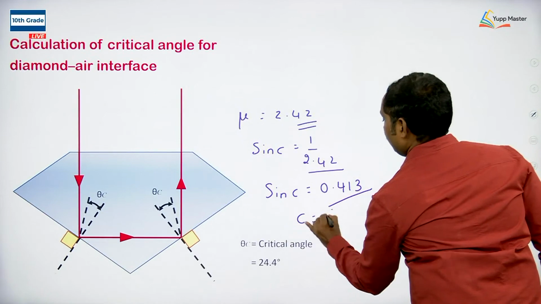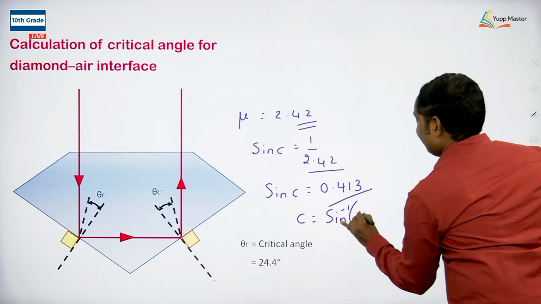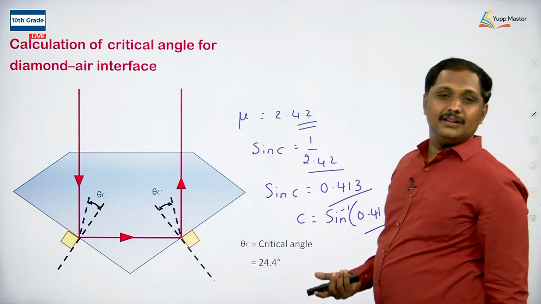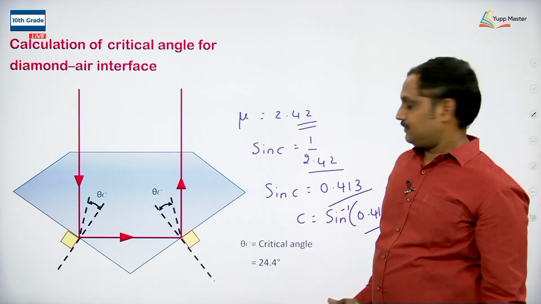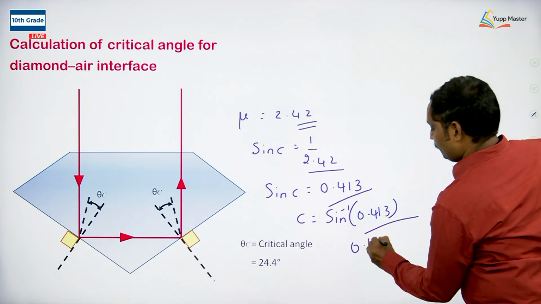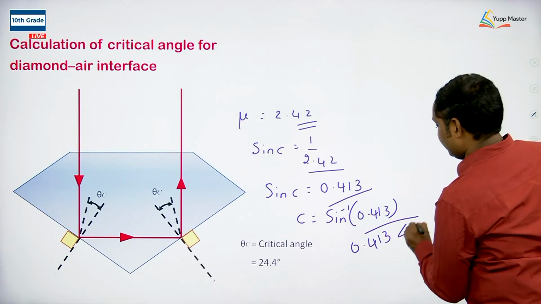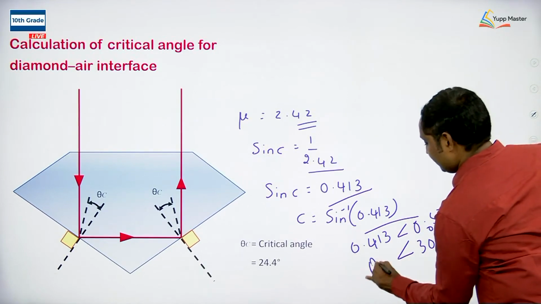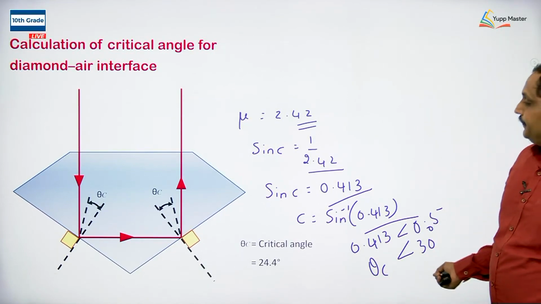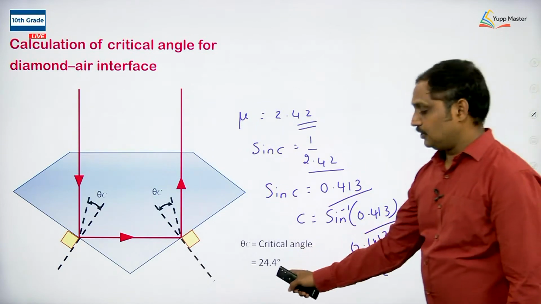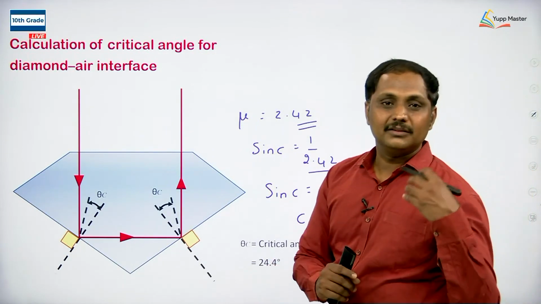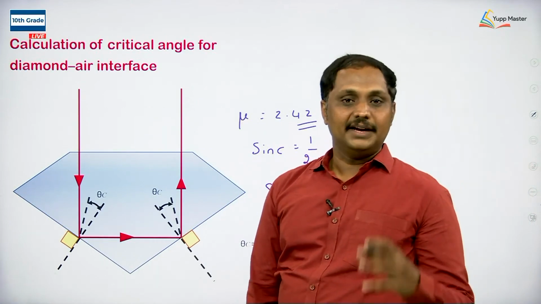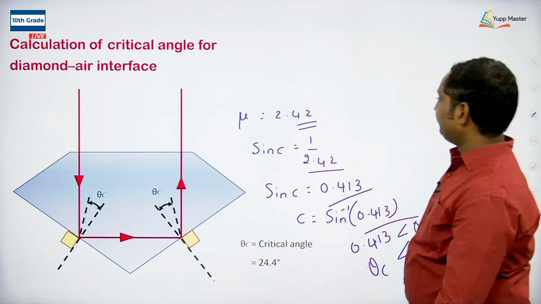So C is equal to sin inverse 0.413. It is less than 30 degrees. Why? Because 0.413 is less than 0.5, so it is going to be less than 30 degrees. Very clear. The angle is 24.4. In the given options also, you can easily identify that, especially in entrance examinations.